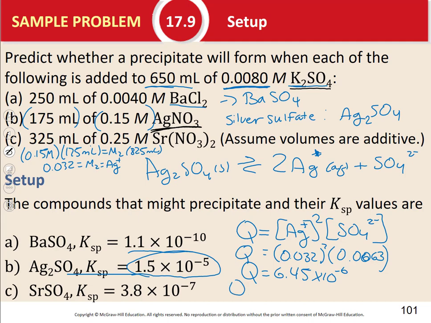No. Q is less than K, so no precipitation. Feel better about that kind of problem?